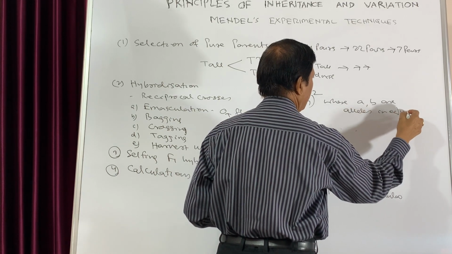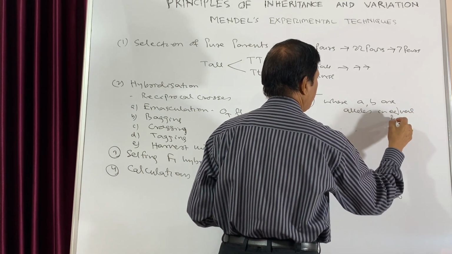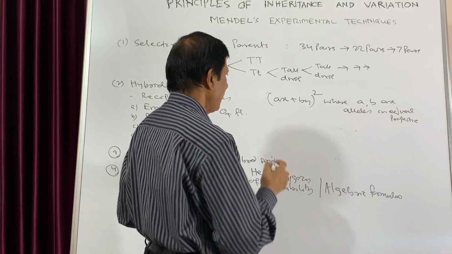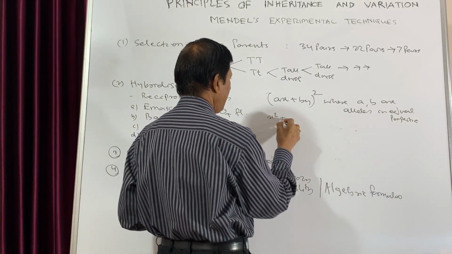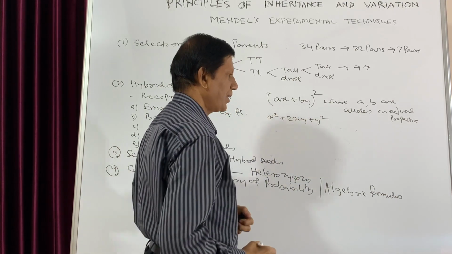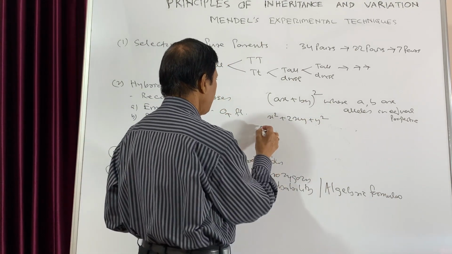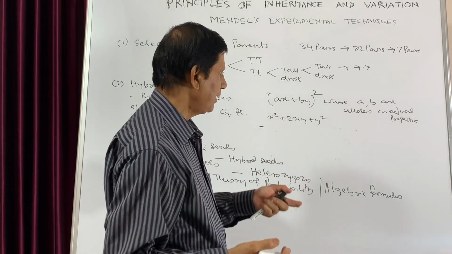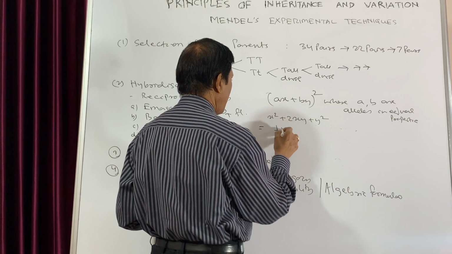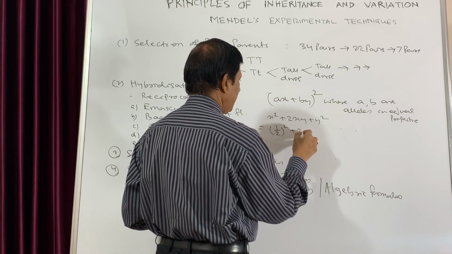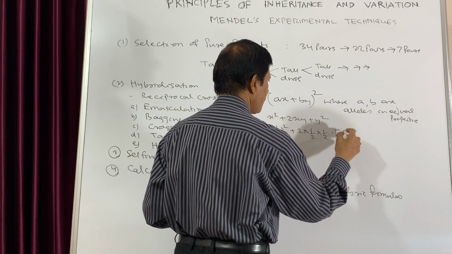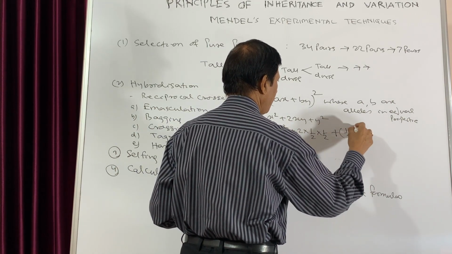in equal proportion. Now in that case it will be x square plus 2xy plus y square. Now if this is turned to digits, then it will be half square, then 2 into 1 by 2 into 1 by 2, plus again half square.